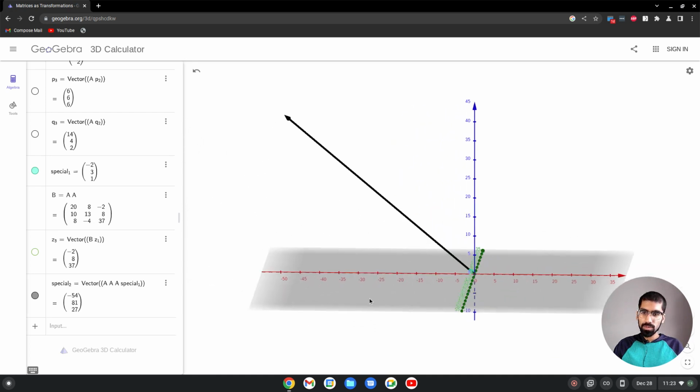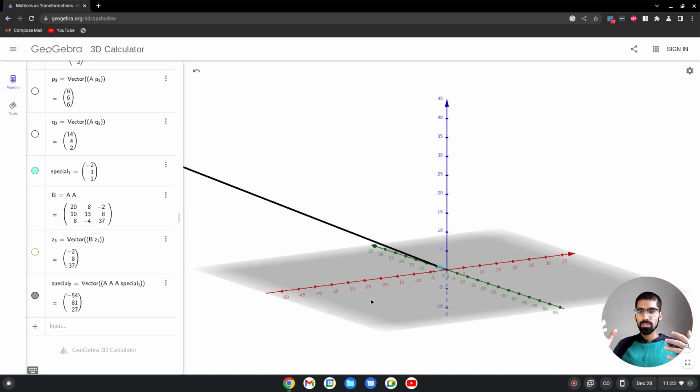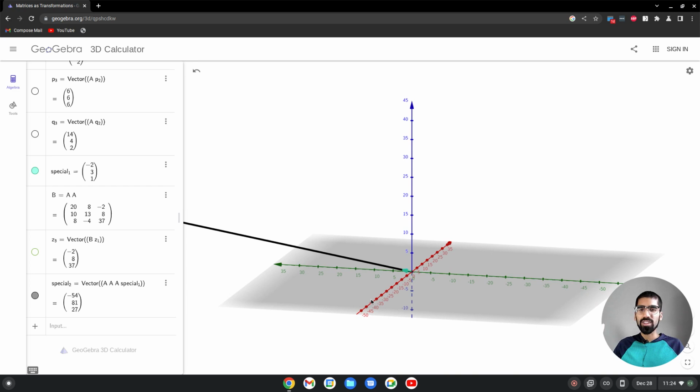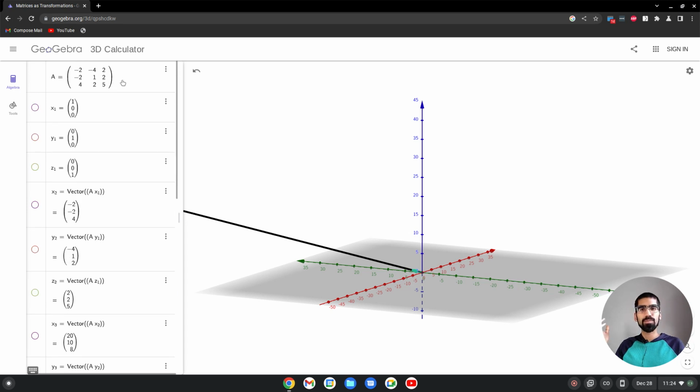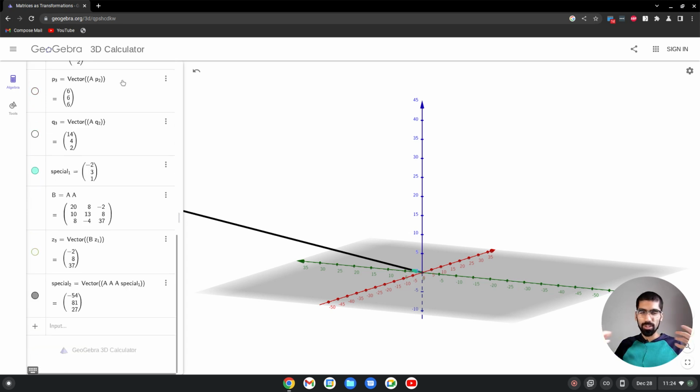So this is the special thing about eigenvectors, alike vectors, own vectors. They're just pointing in their own direction all the time, no matter how many times you matrix vector multiply them with a particular matrix. That's why they're called eigenvectors, alike, own, same vectors.